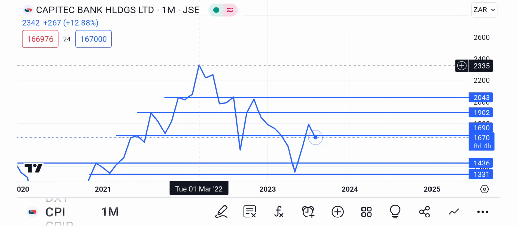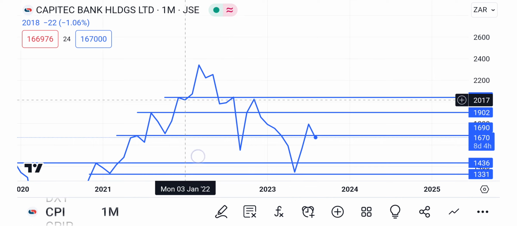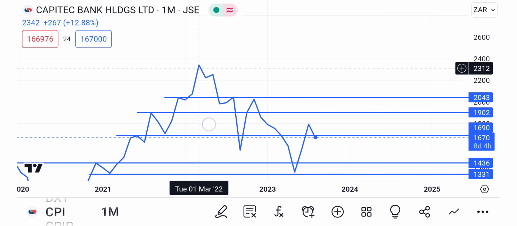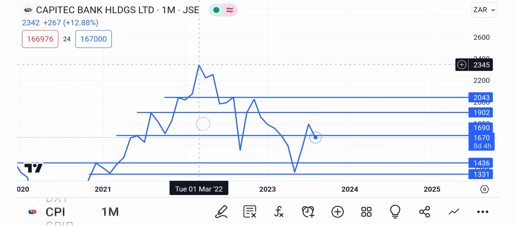Then the value of the Capitec share moved from this low, from 2017 rand, to 2,345 rand.